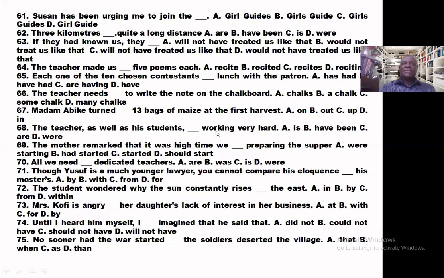The teacher is working hard, in spite of the fact that you have as well as his students. That doesn't mean change the situation. It would have been different if we say the teacher and his students, then we say are working hard. But here, the verb is about the teacher.